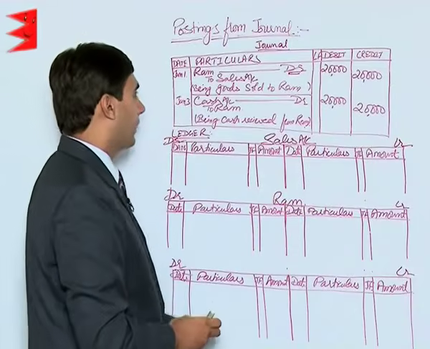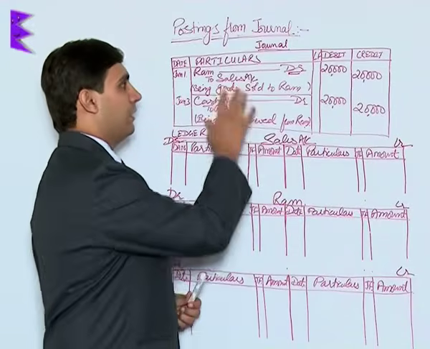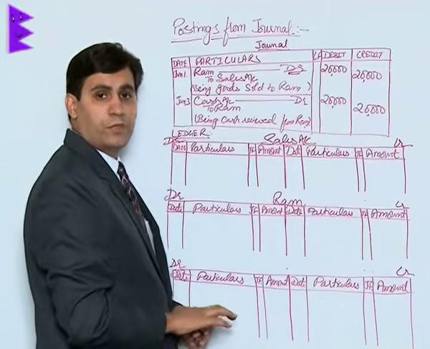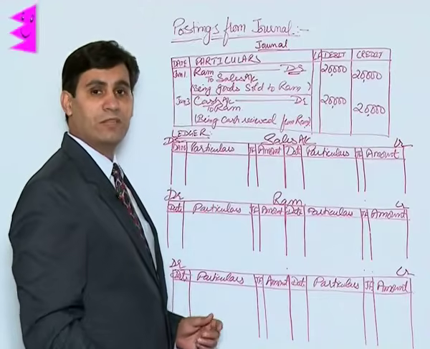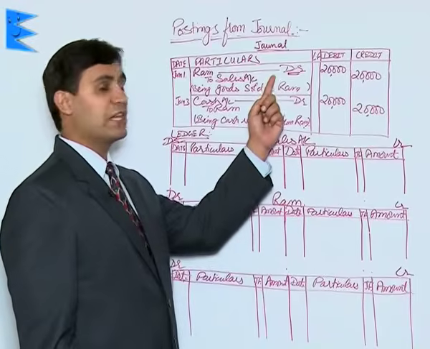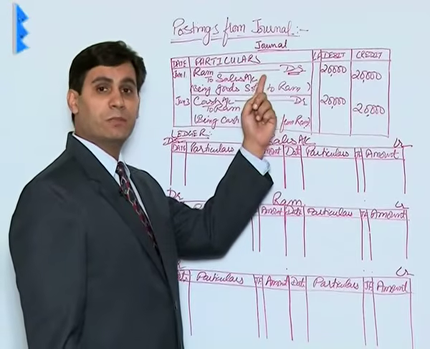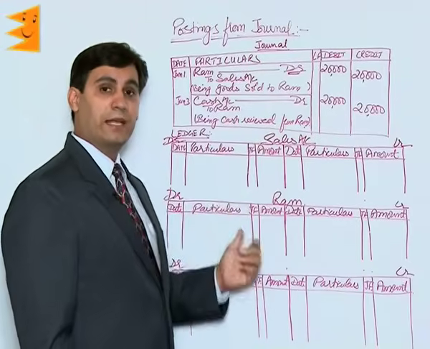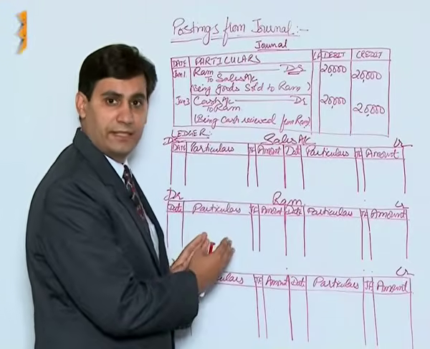Now students, in this entry, RAM is being debited. So while making the posting, we must make sure that the account which has been debited, the postings will be made on the debit side, and the debit side is the left hand side.